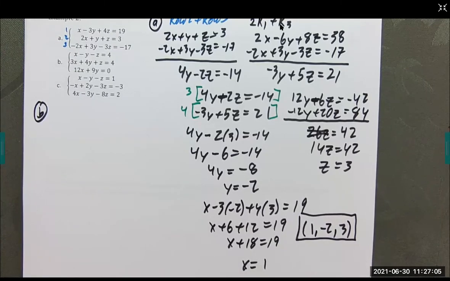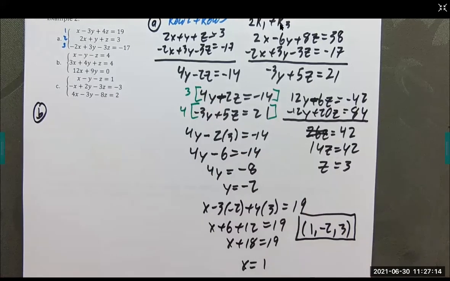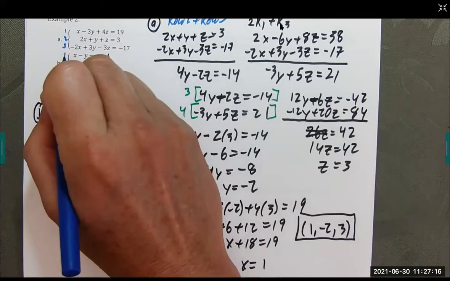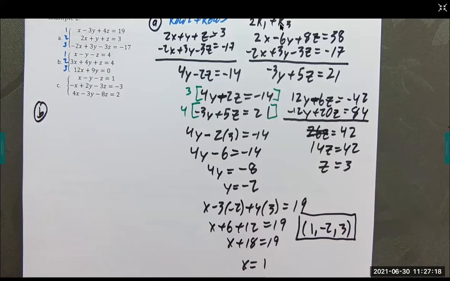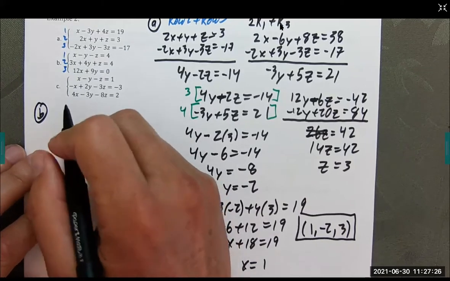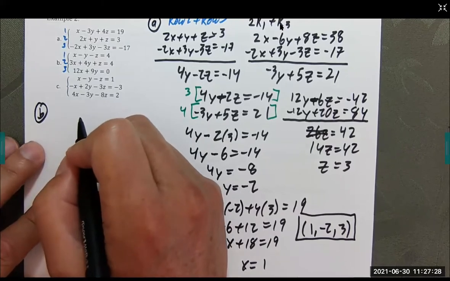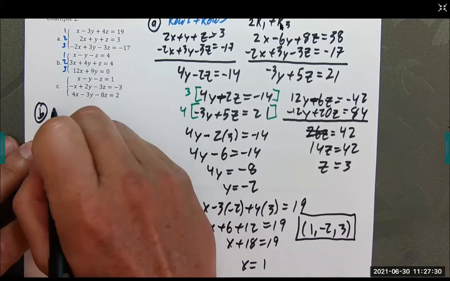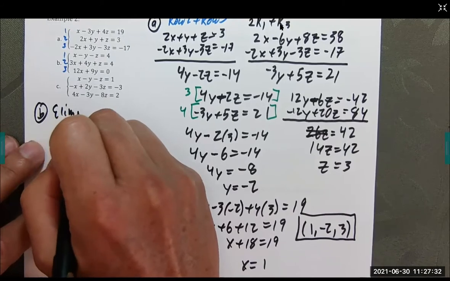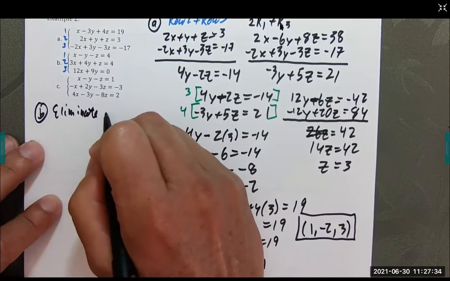And for part B, what I'm going to do is I'm going to, again, label these 1, 2, and 3, rows 1, 2, and 3. And it looks like I can, so many possibilities. Let's multiply, I'm going to eliminate the y's in this case.